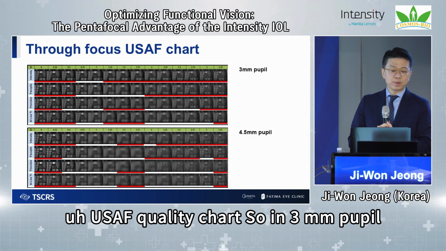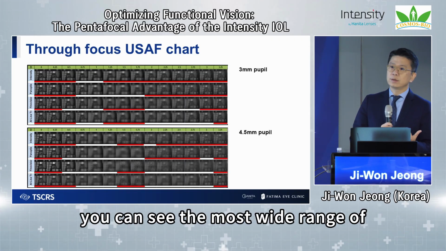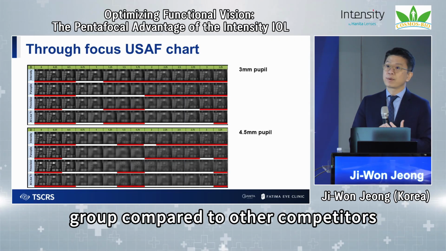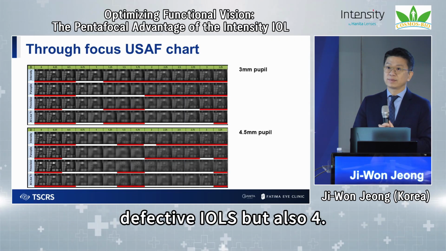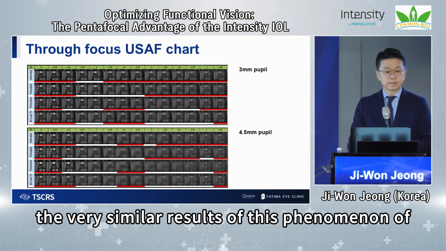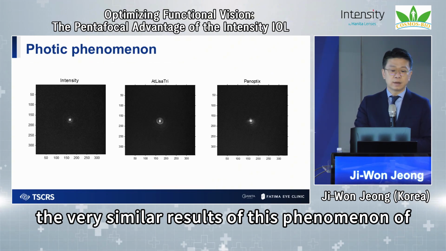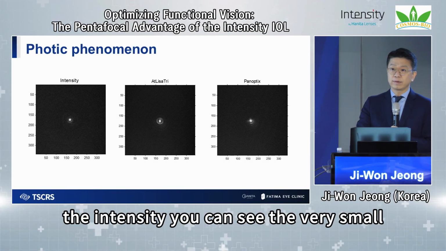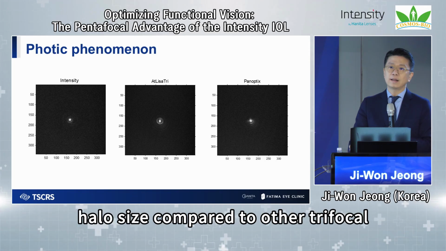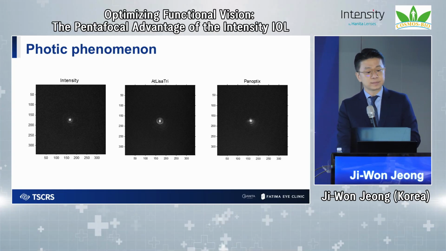In 3 millimeter pupil, you can see the widest range of effective image quality in the Intensity group compared to other competitor diffractive IOLs. At 4.5 millimeters, you can see very similar results. This is the photic phenomena of the Intensity. You can see the very small size and lower intensity of the halo compared to other trifocal IOLs.